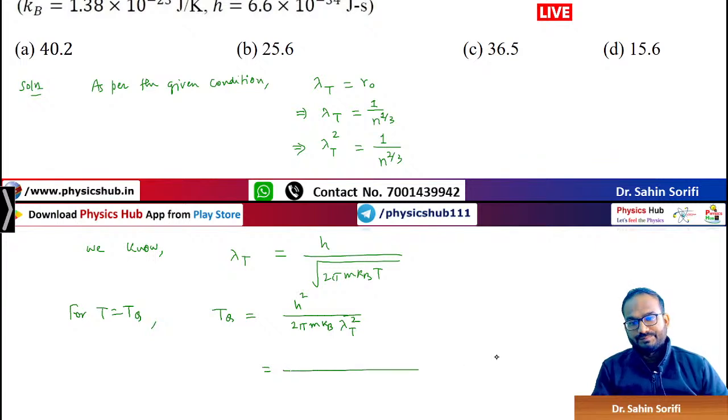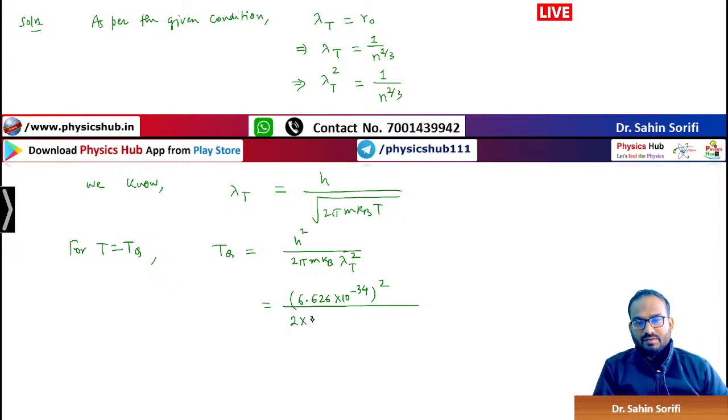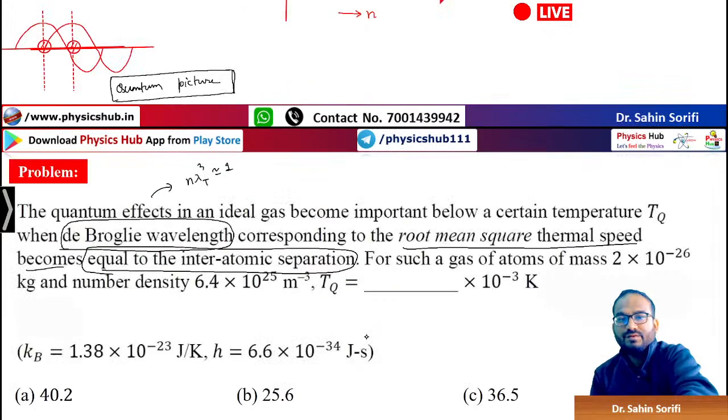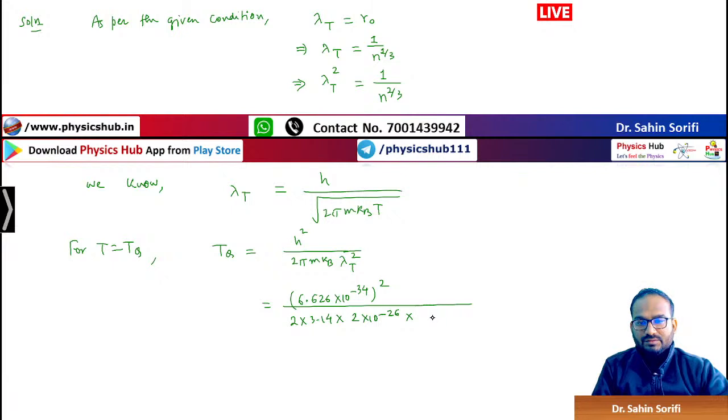So put the values. What is the value of h? 6.626 times 10 to the power minus 34, whole squared, divided by 2 pi, m, where the mass is given to you as 2 times 10 to the power minus 26 kg, and k_B you know the value, 1.38 times 10 to the power minus 23 joule per Kelvin.